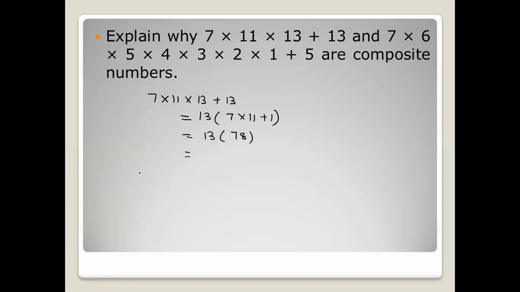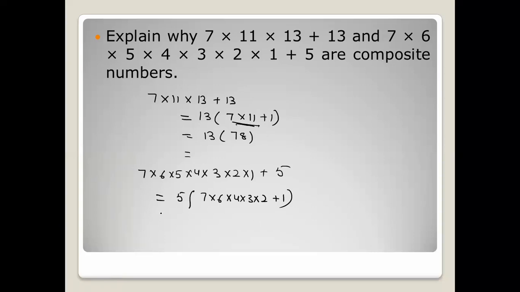Same for 7 into 6 into 5 into 4 into 3 into 2 into 1 plus 5. So 5 is common here, so 5 into (7 into 6 into 4 into 3 into 2 plus 1) again. So here it is simple, 7 into 11 plus 1, 78.